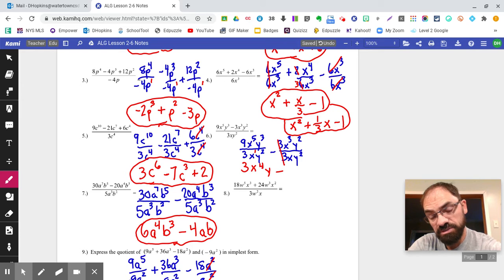Minus 3's cancel. 3 minus 1 is 2, and then the y squareds cancel.